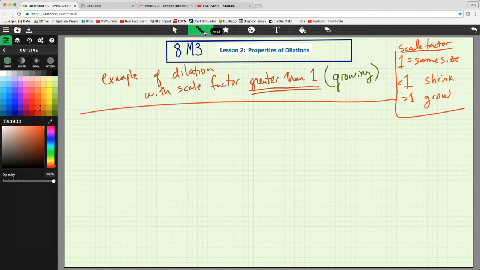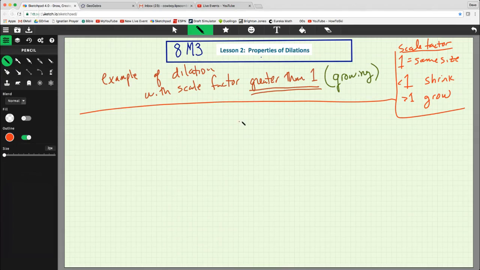So whenever we do a dilation, it needs an object we are acting on.